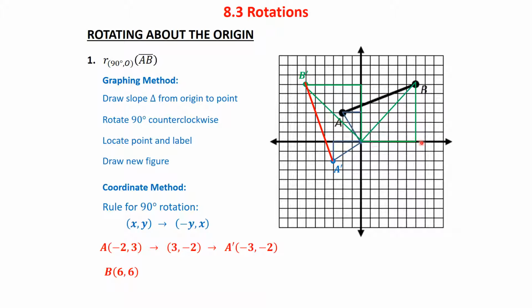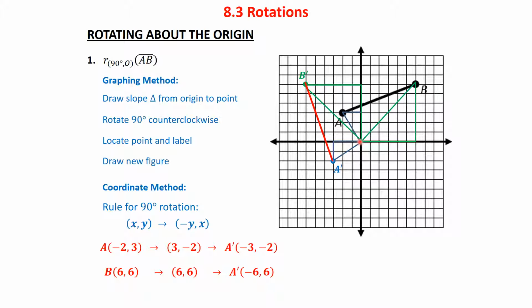So if we go to the right 6, and up 6, we find our spot here at point B. And again, I'll switch the position. Now, by coincidence, 6 and 6 are the same number, so when I switch their positions, it doesn't look like much has changed. But the next part of the rule still says we have to multiply the front number by -1. So now I'm going to multiply the front number by -1, and I get that the point B prime should be at -6, 6.